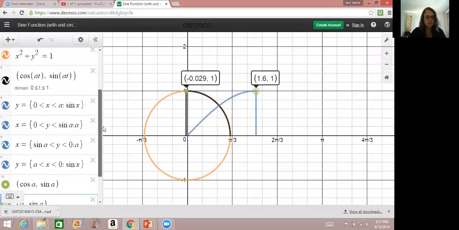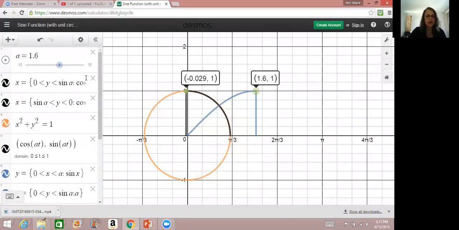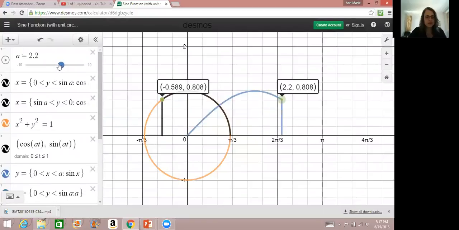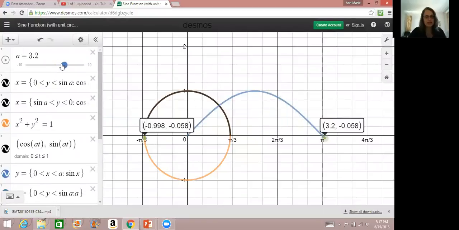Okay? If I go all the way out to an angle of pi, which would put me right there on the x-axis, the sine of that angle is 0.